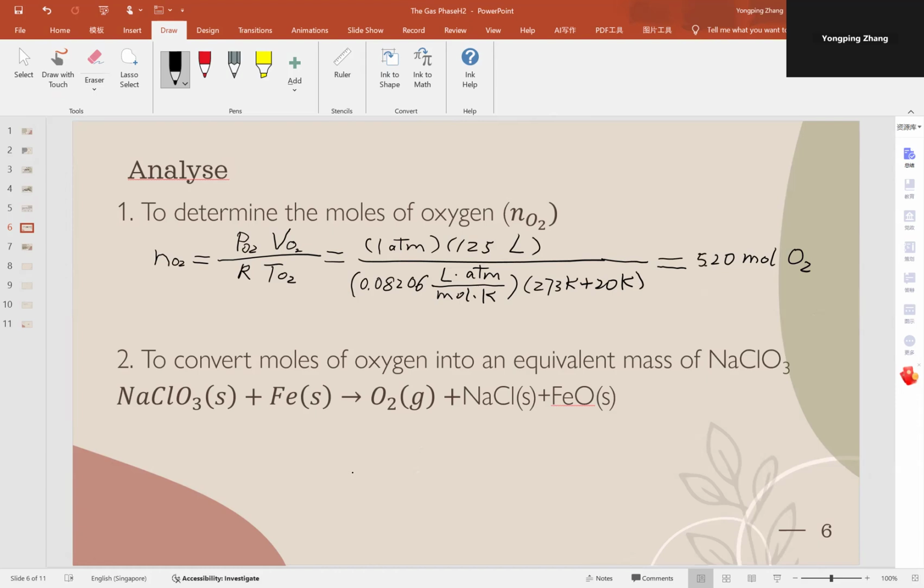From this equation, we can see this is a 1 to 1 ratio. So we can get the grams of sodium chloride.